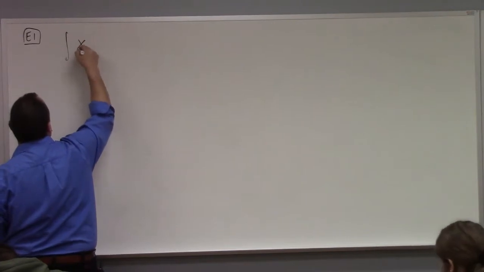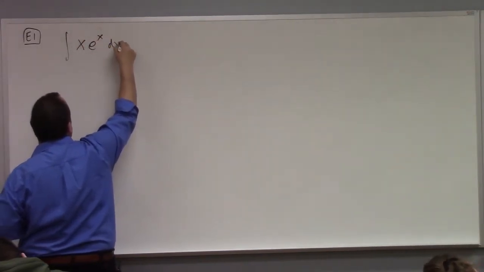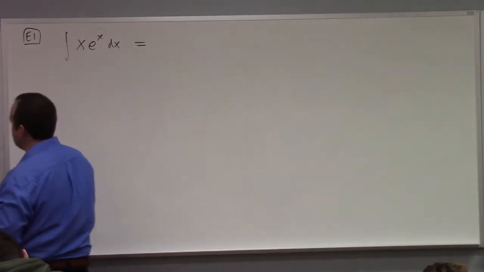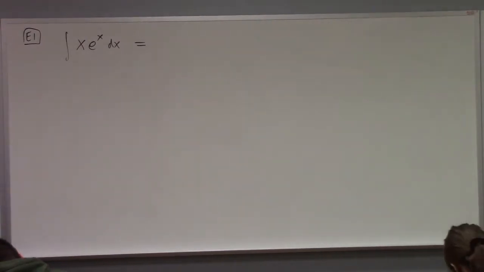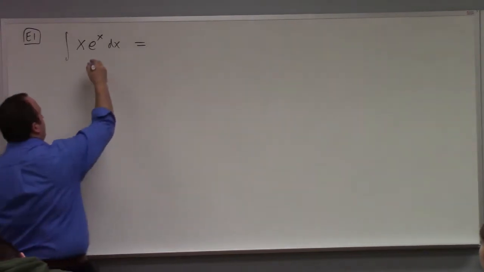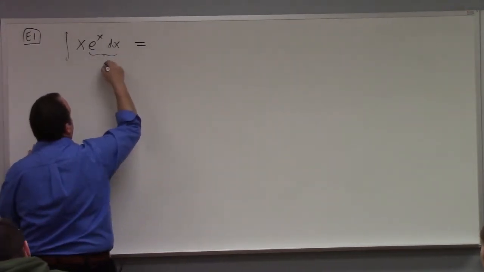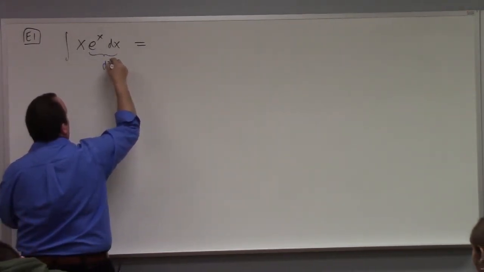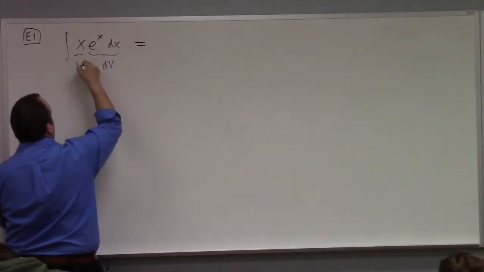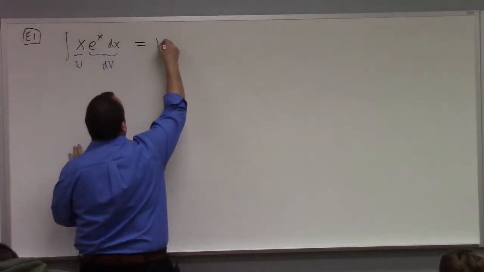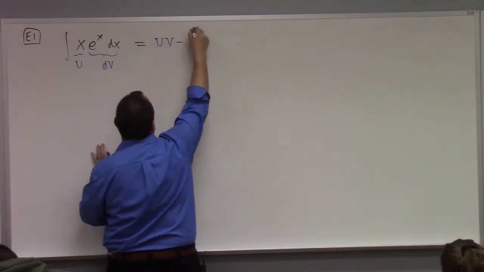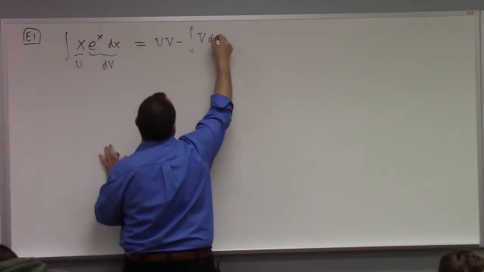Okay, so let's look at an example. The integral of x e to the x dx. In order to do integration by parts, we want to identify what is u and what is dv. So I'll do that for you here. This we're going to say is the dv, and this right here we're going to say is the u. So then we've got uv minus the integral of v du.